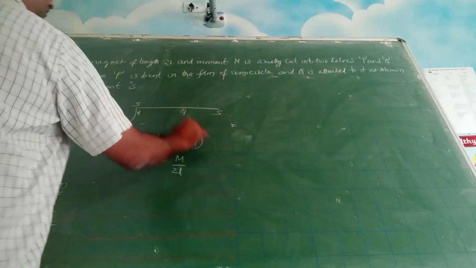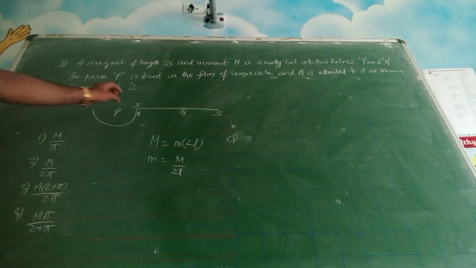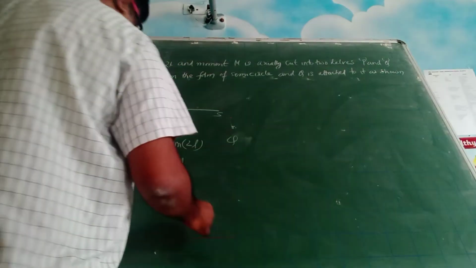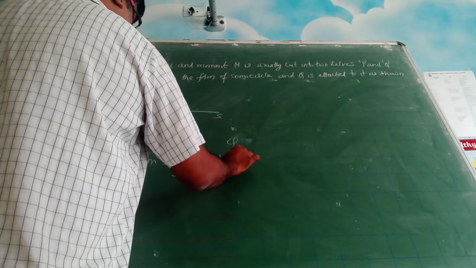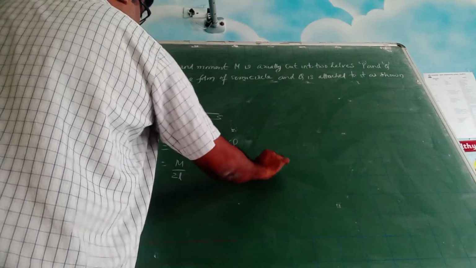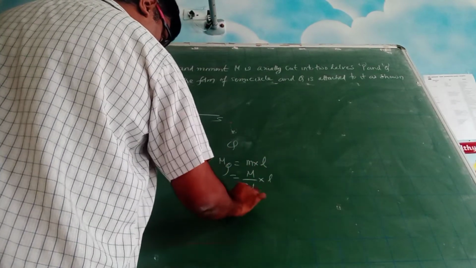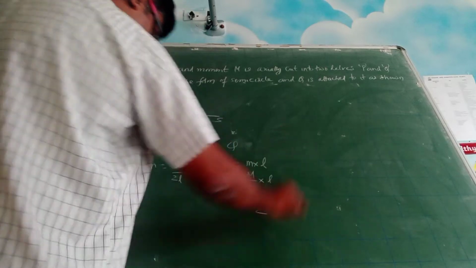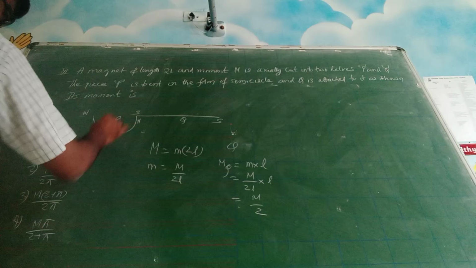So the Q portion is straight as it is, only the length got reduced. So for the Q portion, let us say mq is equal to pole strength multiplied by the length. So it is m upon 2L into length L, it is m upon 2. Now we need to see this P portion.